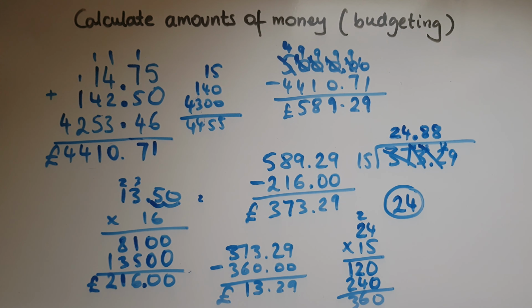If we want to buy multiple items, then we multiply the cost to work out the total cost. If we want to work out how many of an item we can buy, like the books that were £15 each, then we divide the amount that we have left by the cost, and that will give us the number of items that we can buy, like the 24 books that we can buy here.